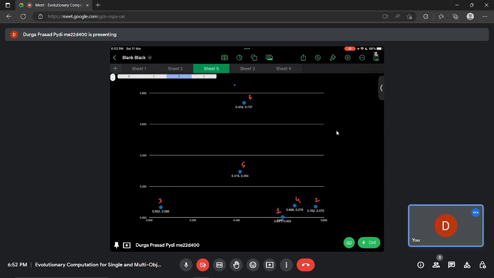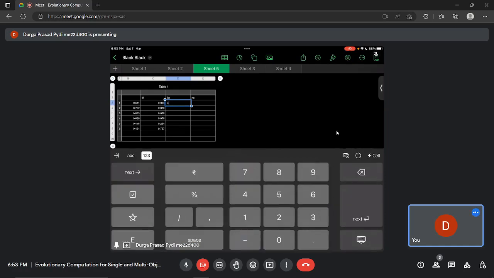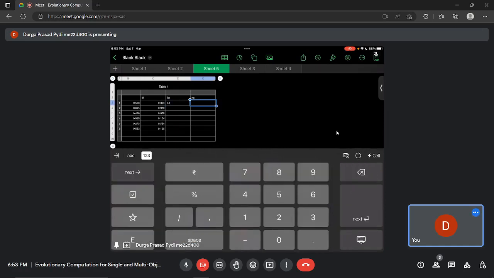So for point 1, there is no other point that dominates it, so NP will be 0. And SP is to the other side. You have 2 points which are getting dominated by 1, so those 2 points come in SP. So your SP will be 2, 4, and your NP is 0.